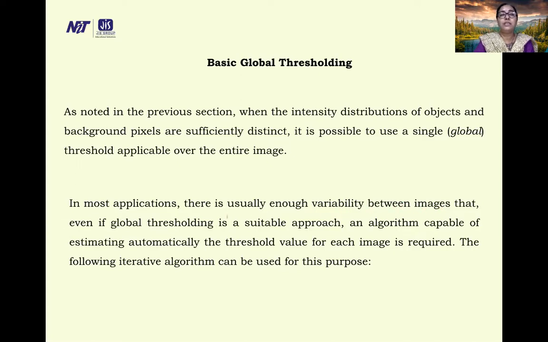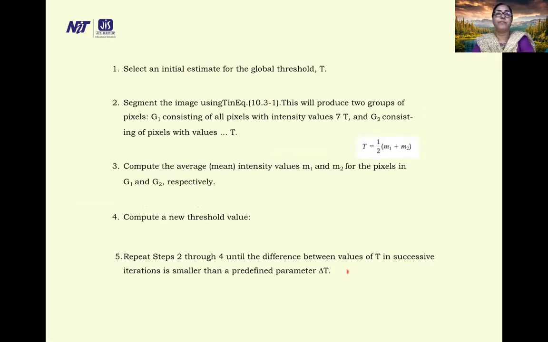Therefore, there are a lot of variables in global thresholding, and choosing a suitable approach is very important. The quality of the image is very important in choosing what type of thresholding we should apply. Therefore, it is a practice, and a lot of experience should be there. An algorithm capable of estimating automatically the threshold value for each image is required. The following iterative process is shown.